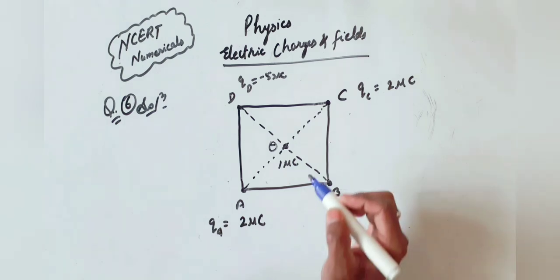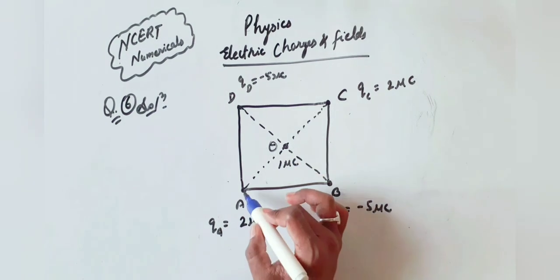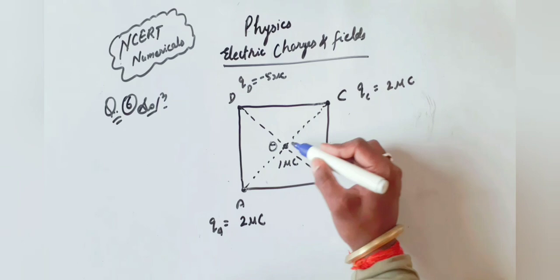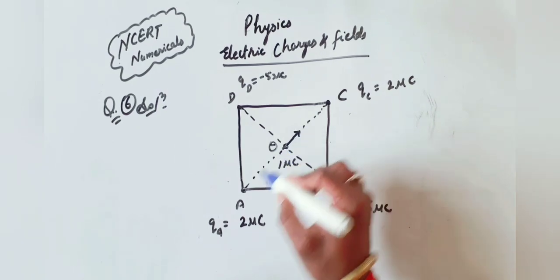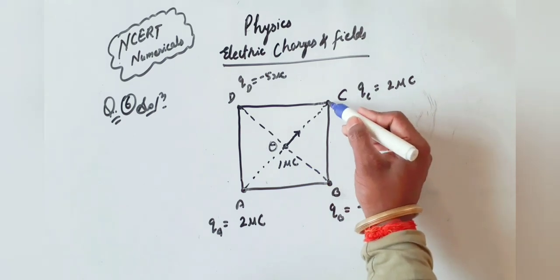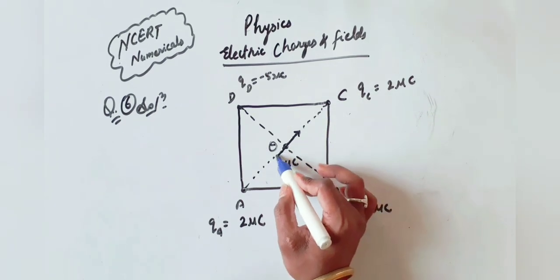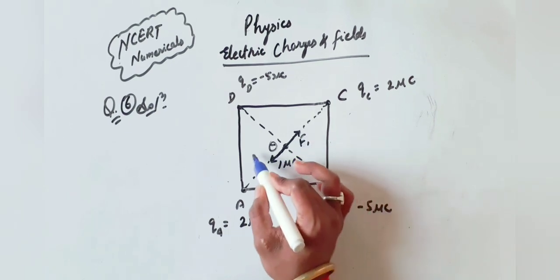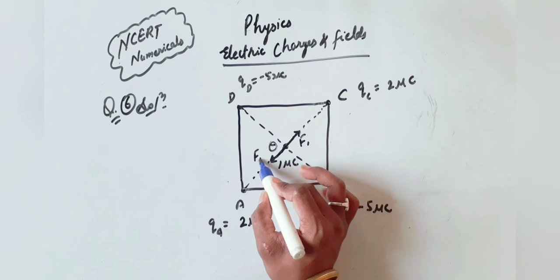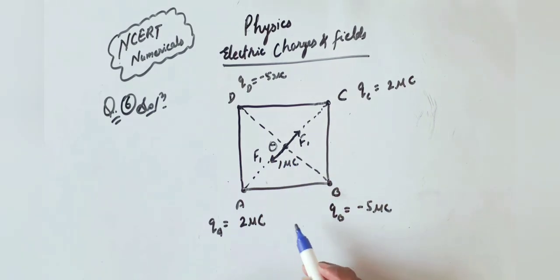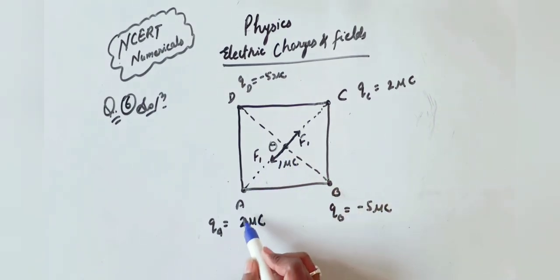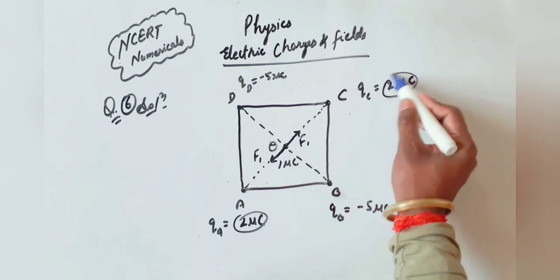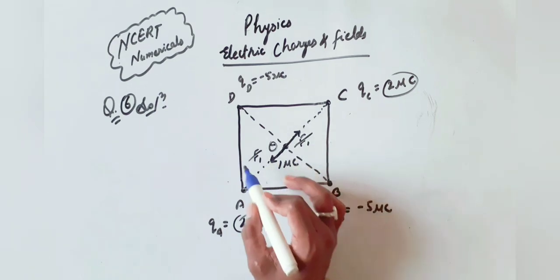The force due to A will be repulsive in this direction because both are positive, and from C it is also repulsive, so it will be in this direction. This force is F1, and this is also F1 but in the opposite direction. Both forces are equal but opposite because the distances are equal and the magnitudes of charges are also equal. So both forces will cancel out.